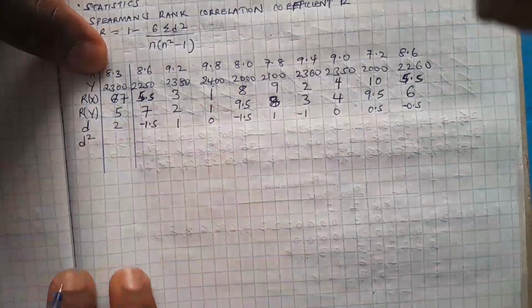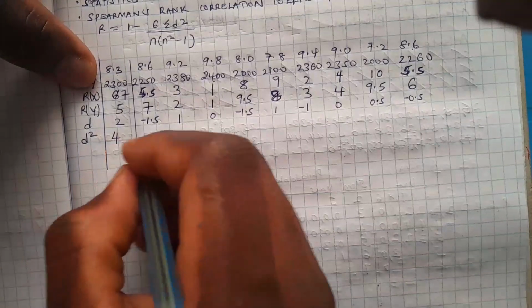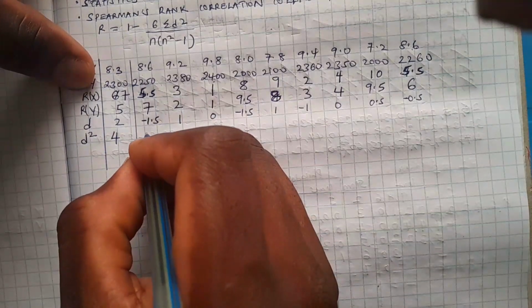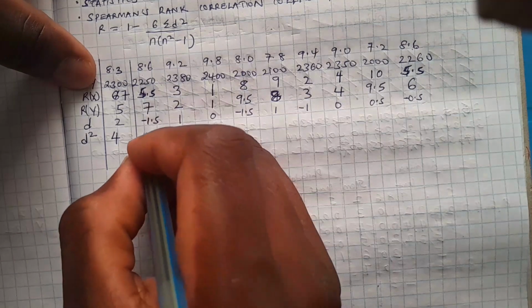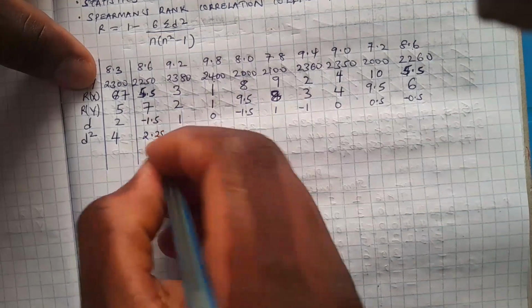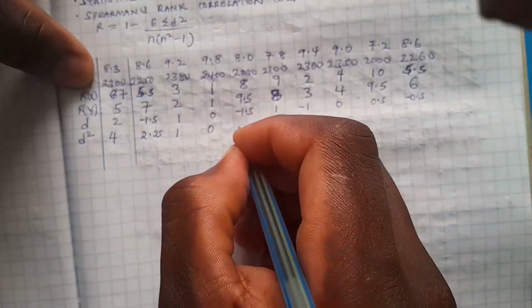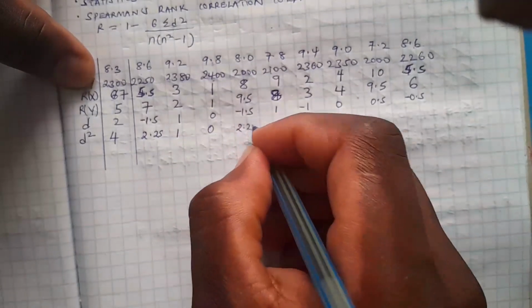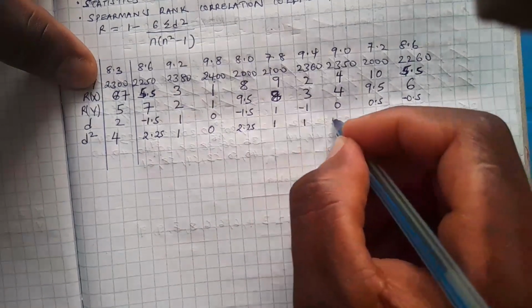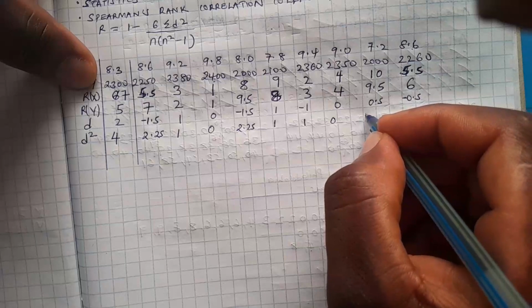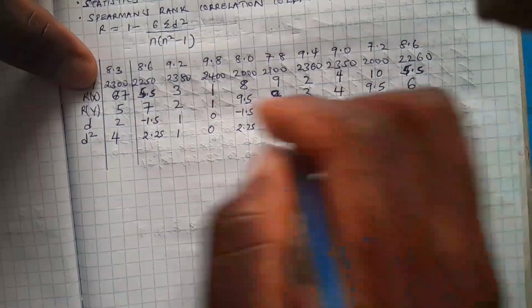D squared. Now we square the difference between the ranks, where we will have 4, 2.25, 1, 0, 2.25, 1, 1, 0, 0.25 and 0.25.